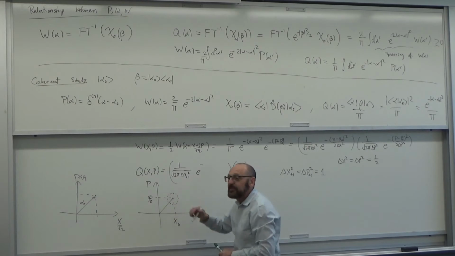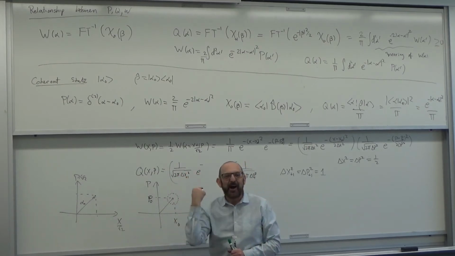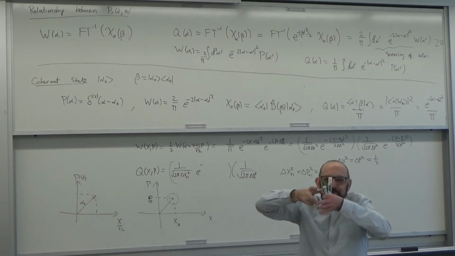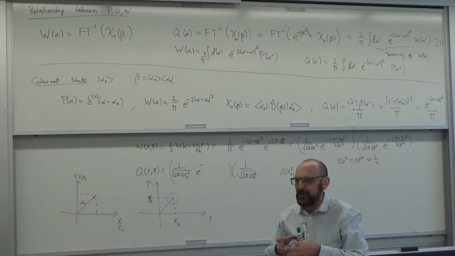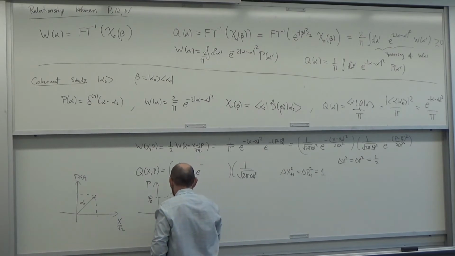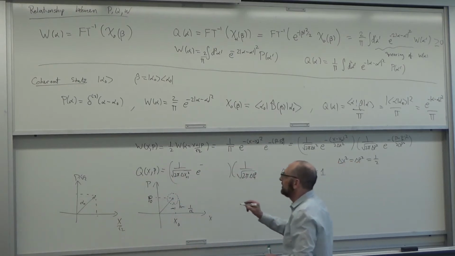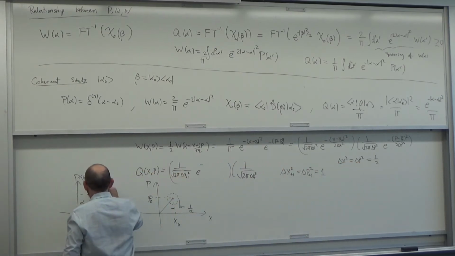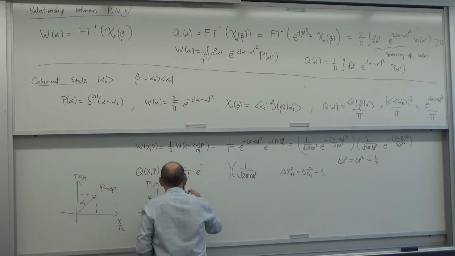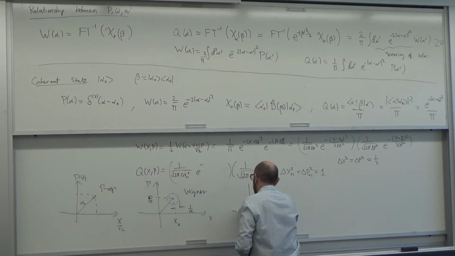And when we draw this dashed line here, what we're drawing is a contour of the Wigner function, which represents, say, the 1 over e point, right? Or the variance. So this thing has variance here, or RMS, 1 over root 2 in all directions. So this is the P representation. This is the Wigner function. And what about the Husimi distribution?